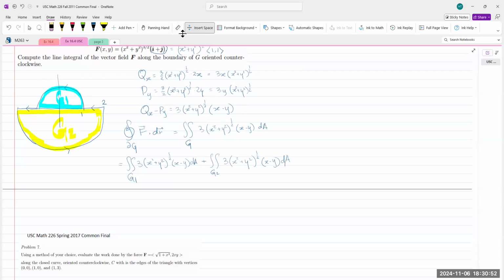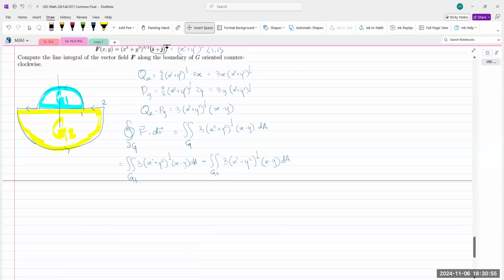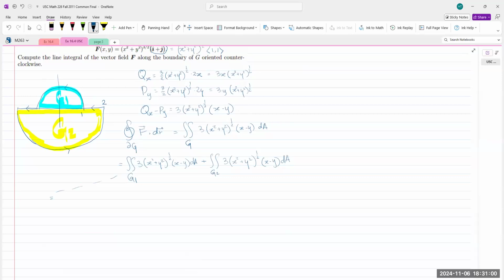If we integrate in polar, that will be, let me move here to save some space, the integral from 0 to pi, integral from 0 to 1, 3 r cosine theta minus r sine theta, r dr d theta, plus the integral from pi to 2 pi, integral from 0 to 2 of the same guy.